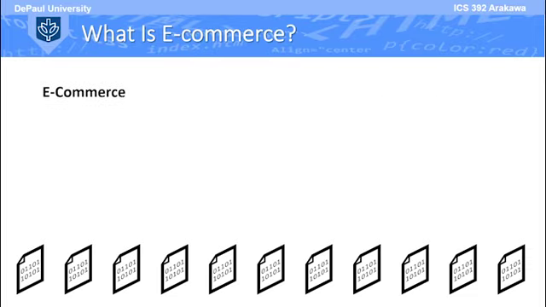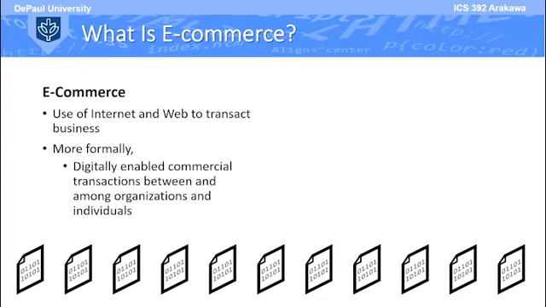First one is what e-commerce is. So generally it is doing business, buying and selling things on the internet. And a more formal definition is digitally enabled commercial transactions between and among organizations and individuals. There's another term that your book uses, and that is e-business.